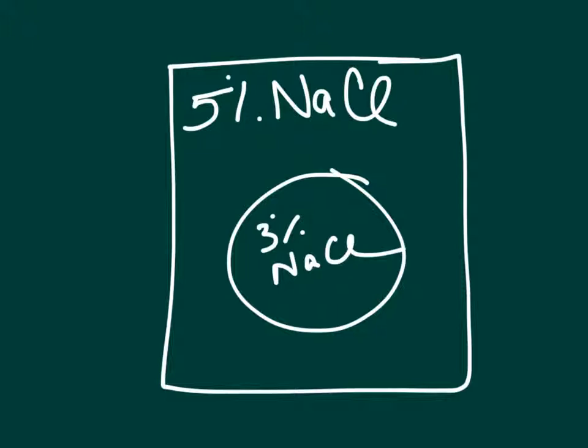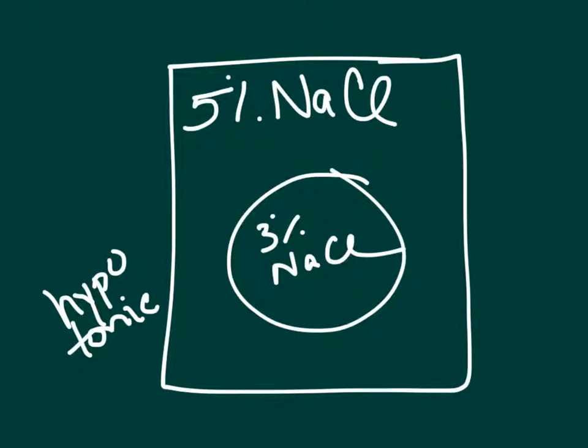This time, the cell isn't hypertonic. It's not higher concentration. This time it's lower. So we call that hypotonic. Remember, salt can't move through the membrane freely. It will not diffuse. So we have to think about water.